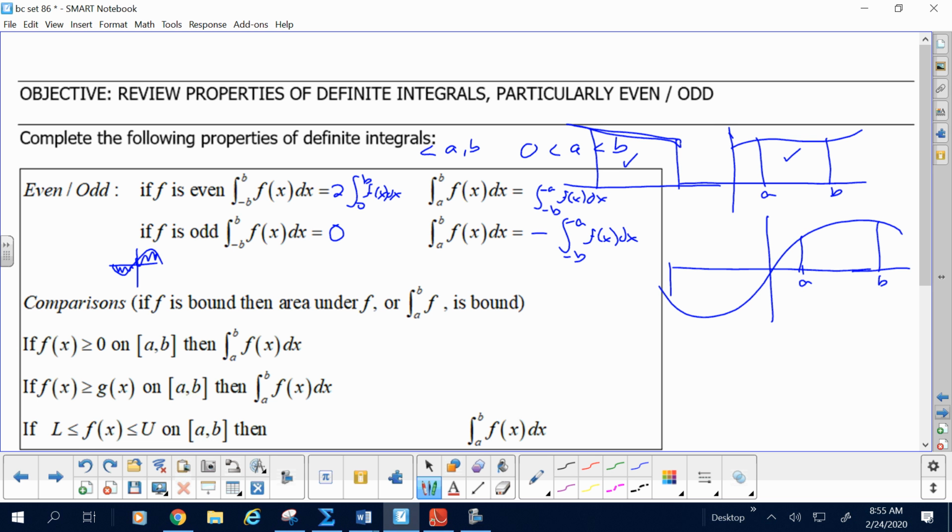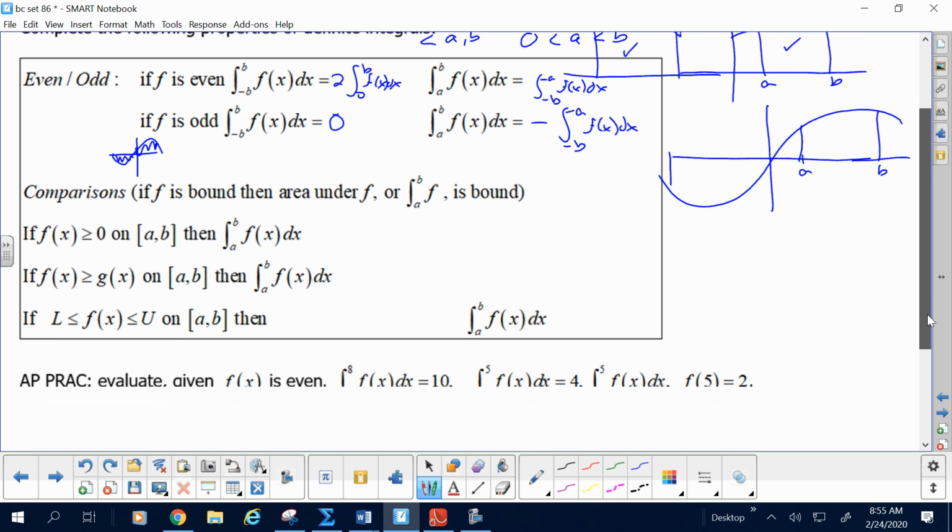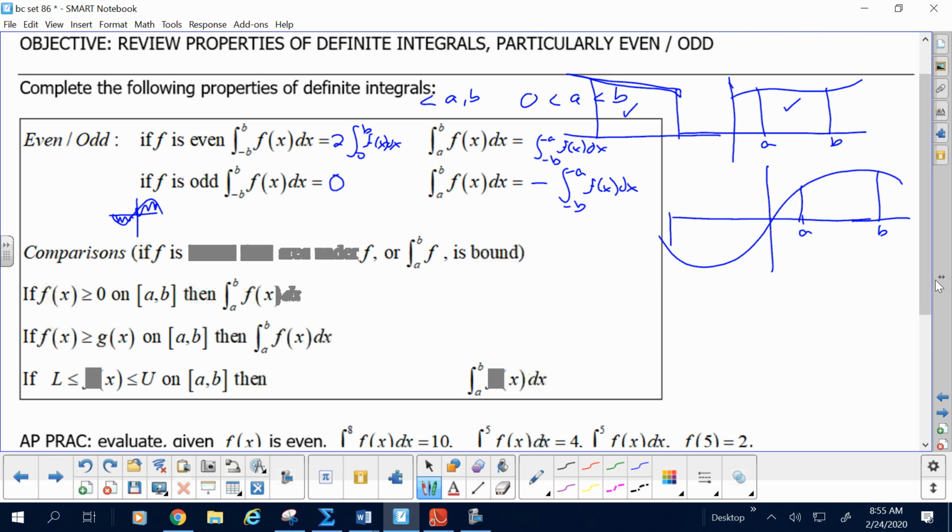We talked about this a little. I put it in again because it didn't go very well on the test. Anytime f is bounded, then you can talk about the area under f. For example, if f is above the y-axis, then don't we know that the integral, or the area under f, must be positive, yeah?